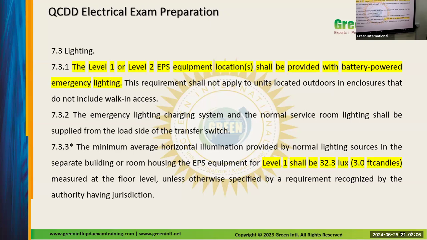So in the emergency room, by default, we have one exit light and one emergency light with a 3-hour battery backup. As per the QCDD regulation we have a 3-hour battery backup, but as per the NFPA standard it's 1.5 hours.